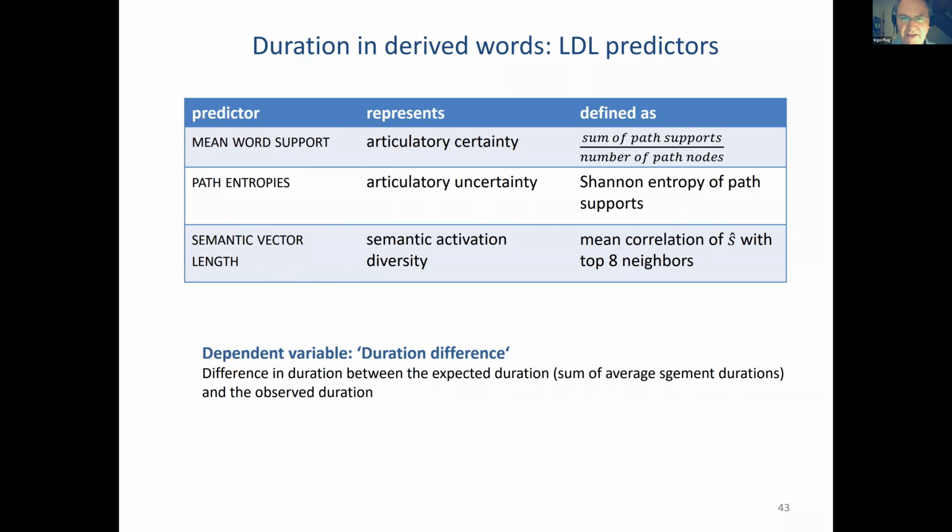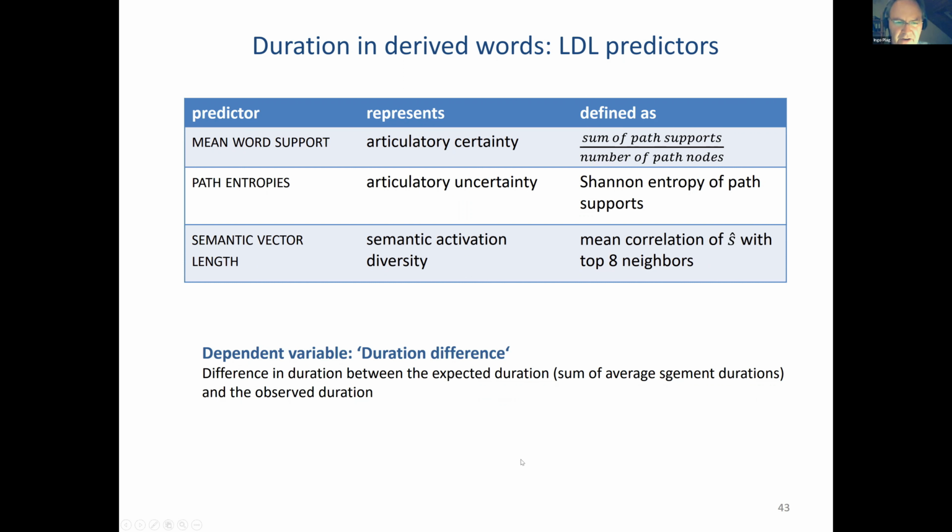That's not the mean correlation. The semantic vector length is the length of the semantic vectors predicted by the model, and we take it to be a measure of semantic activation diversity, because the longer a semantic vector, the more active it is on many dimensions, many meaning dimensions.